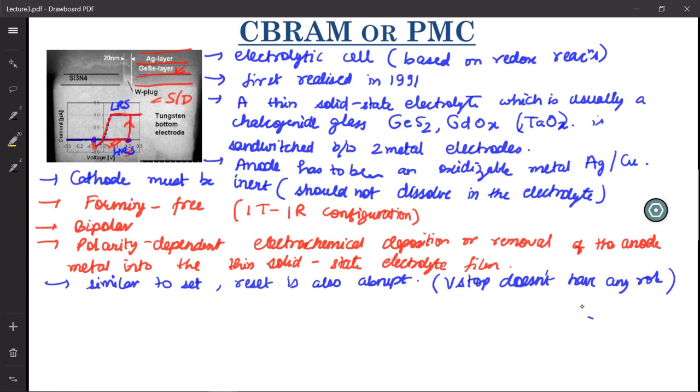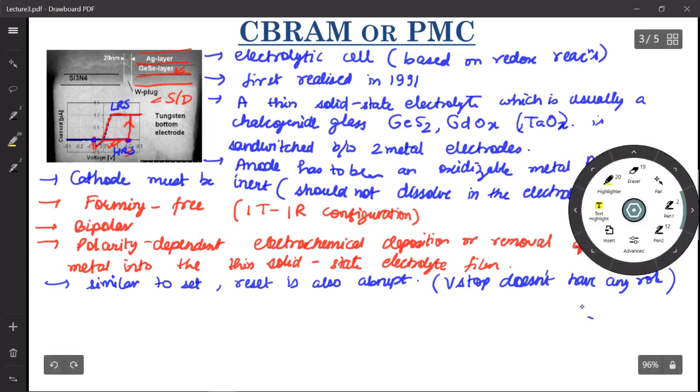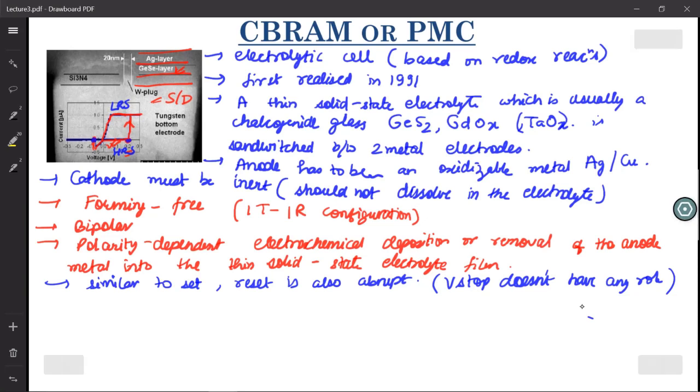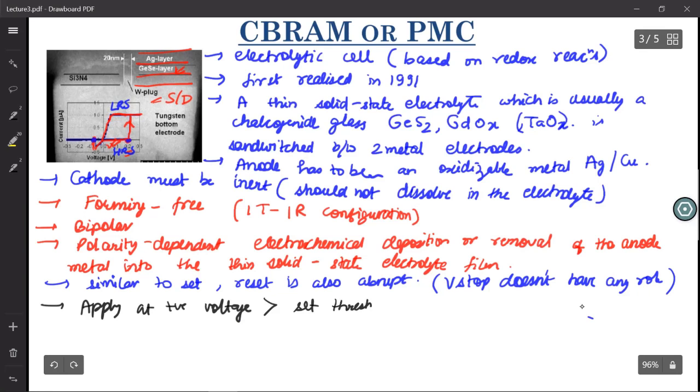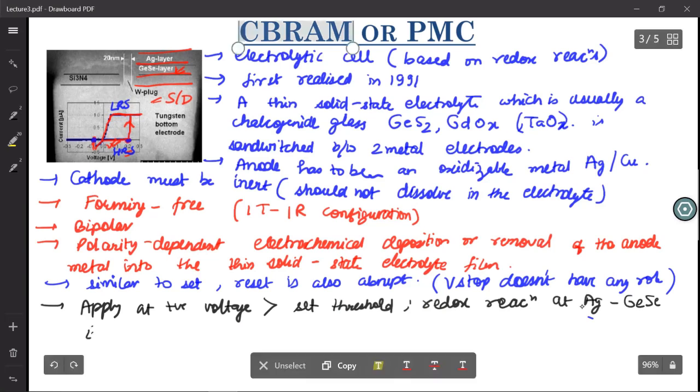Okay, so let me discuss what exactly happens in this device. If you apply a positive voltage greater than your set threshold, there are redox reactions. The redox reaction is set up at the Ag, GeSe or whatever chalcogenide glass interface.